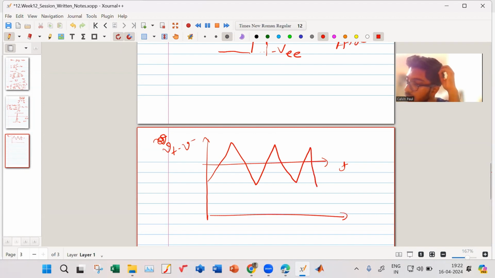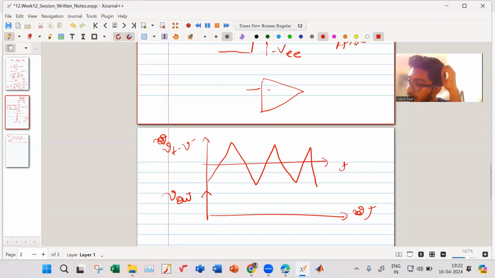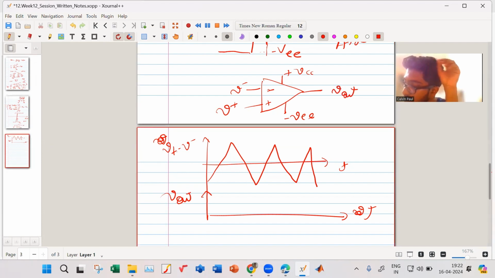How will your V output look like? This is your V minus. This is your V plus. This is your plus VCC. This is your minus VEE. This is your V output. And they have told that the difference of V plus minus V minus is a triangular wave. How will your output look like?